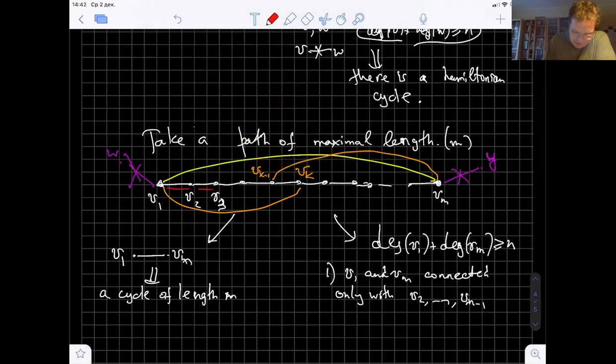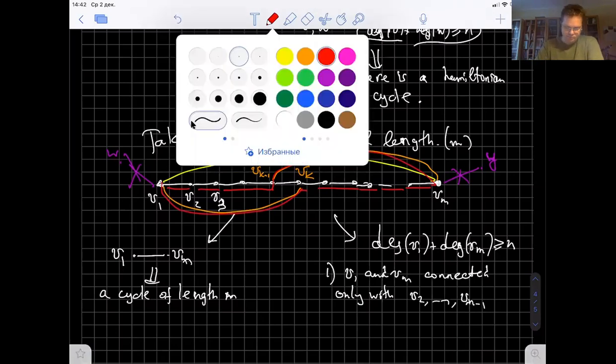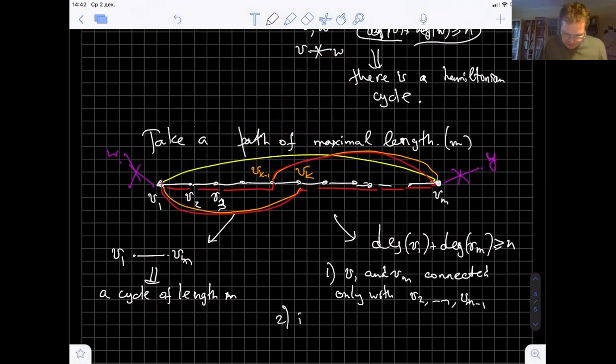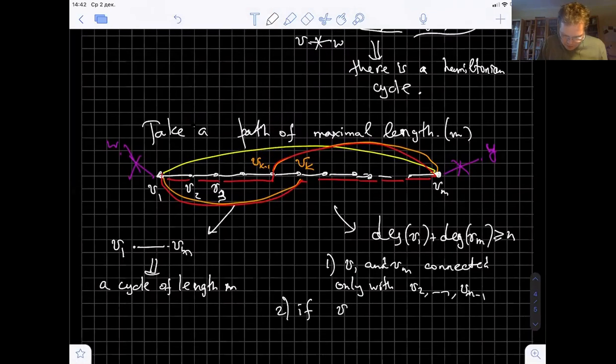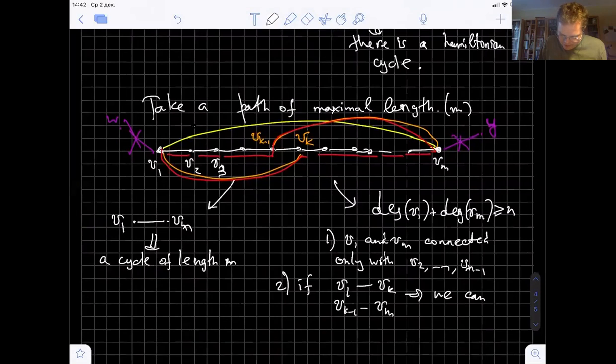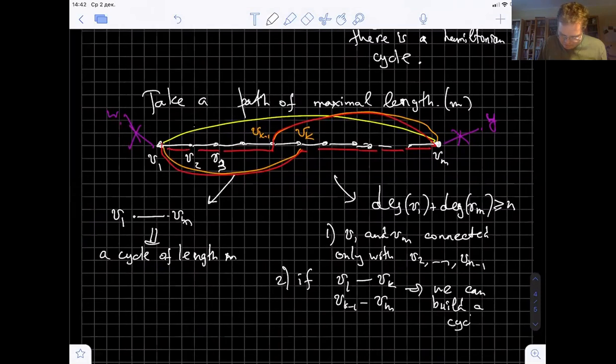So I go here, then here, then here, and then again here, and I have built a cycle. So if we have an edge between v1 and vk and between vk minus 1 and vm, then we can build a cycle.